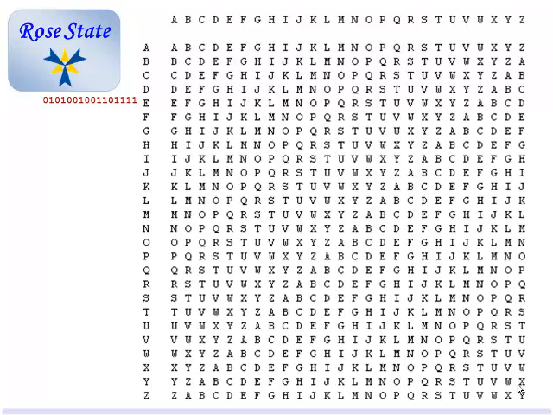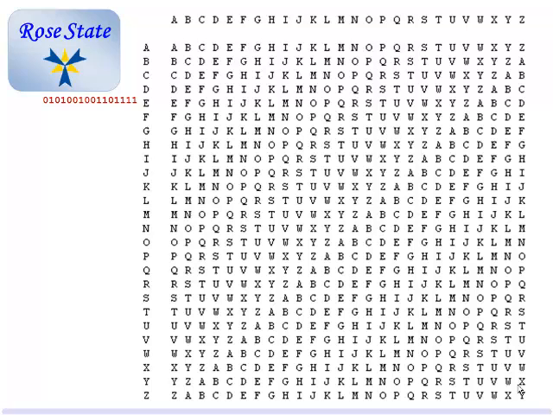Okay? So if I was to take B and go down to J, I get a K. Y'all agree? So if I took B at the top, went down to J on the left side, they meet at K. Everybody okay with that? So this is our plain text, our key, our ciphertext.